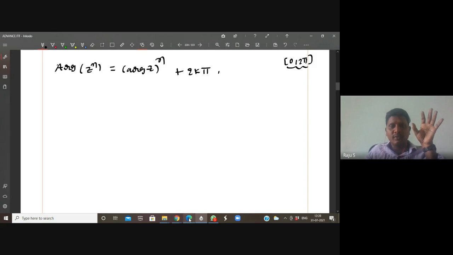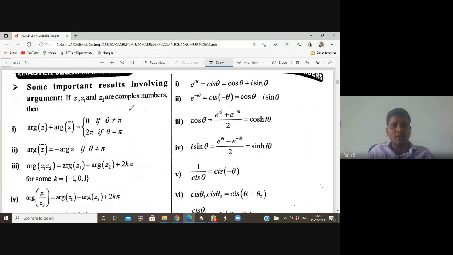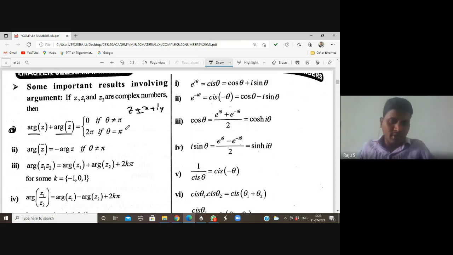See here, when you take z is equal to x plus iota y, students, remember this also: argument of z plus argument of z conjugate, that I told you, when theta is not equal to pi, for any value other than pi, you can check, it will always be 0.